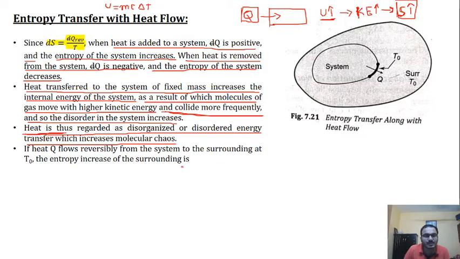So the entropy increase of the surrounding. Why is there an entropy increase? Because heat is being provided to the surrounding. So entropy increase is given by the standard formula, that is delta S surrounding is given by Q upon T0.